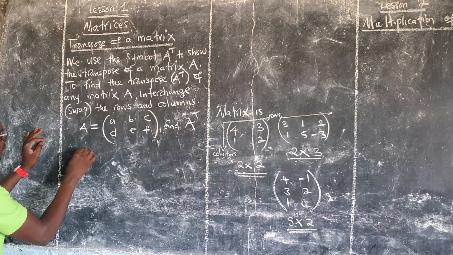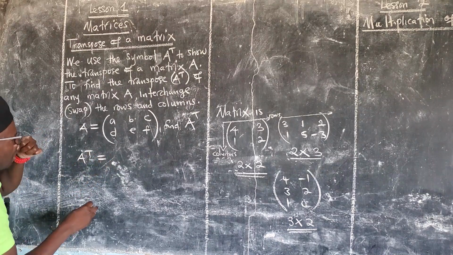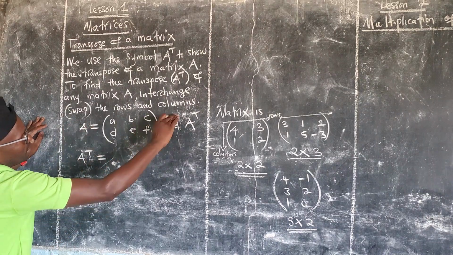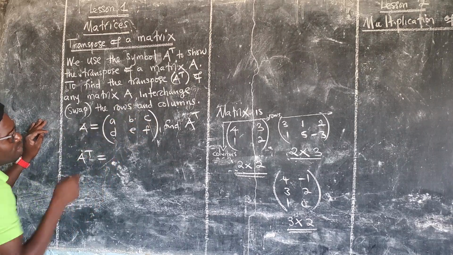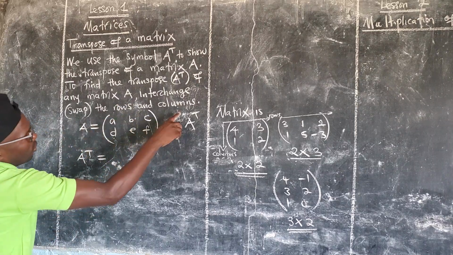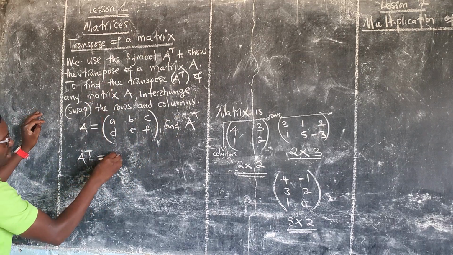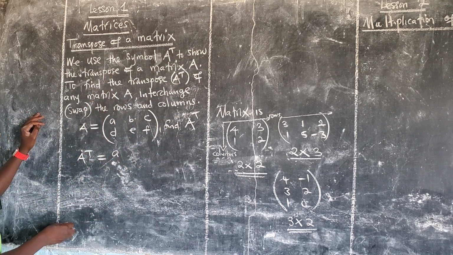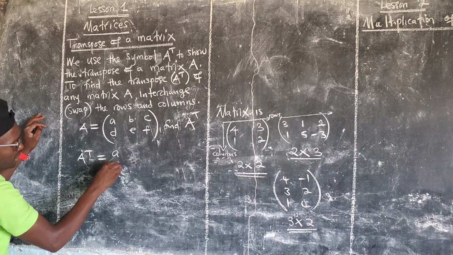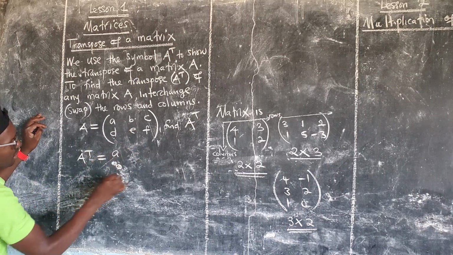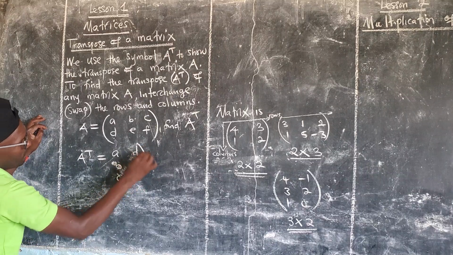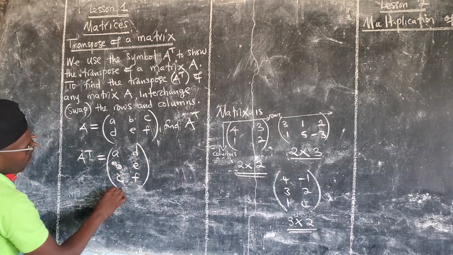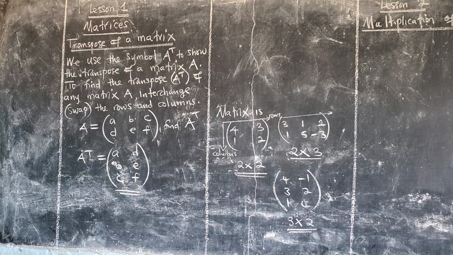So A transpose is equal to... These are rows and these are columns, so it's a 2 by 3 matrix. We swap the rows, and they become the columns. So we're going to have A, then B down there, then C, then D, E, F, like that. This is our answer for that transpose.